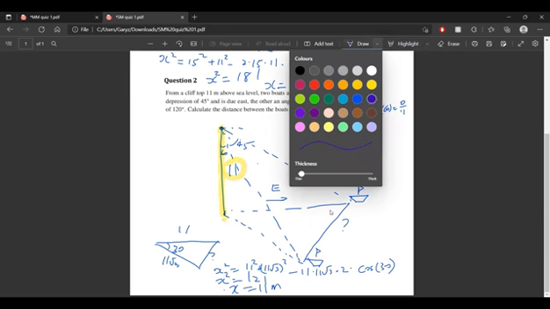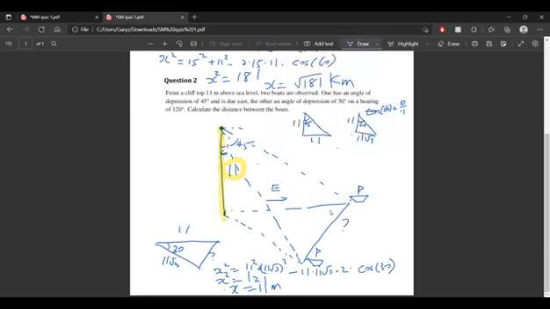It says two boats are observed, one with an angle of depression of 45 and the other 30. Remember, angle of depression is when we are looking down. So if this is an angle of depression of 45, then this angle is 45 because that's a right angle. With the same logic, if this is 30, then this angle here is 60. I skipped that step and wrote these values straight away here.